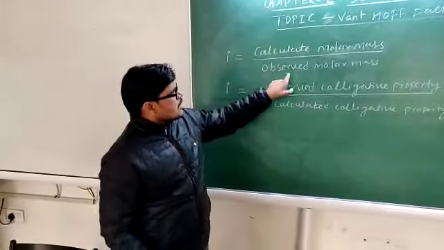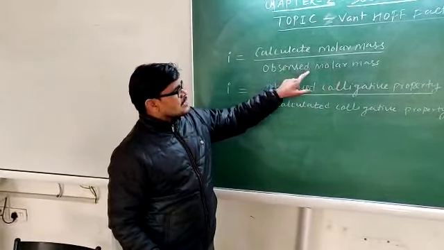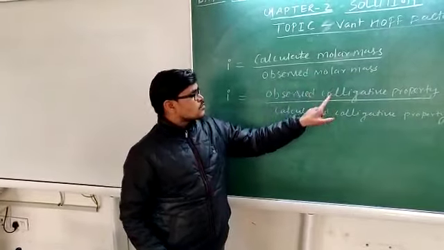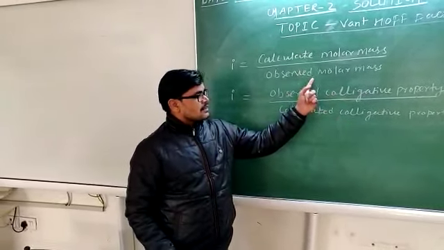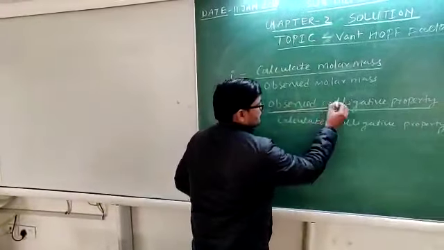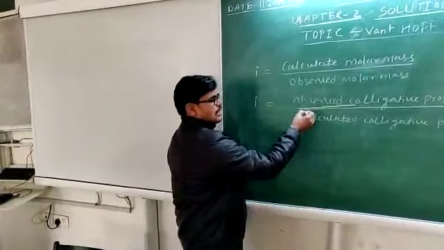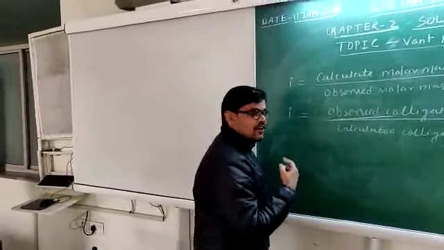So here is the observed molar mass. Colligative property is the reciprocal of the molar mass. So observed colligative property comes on top, and calculated colligative property comes at the bottom. So this is another formula to calculate the van't Hoff factor.